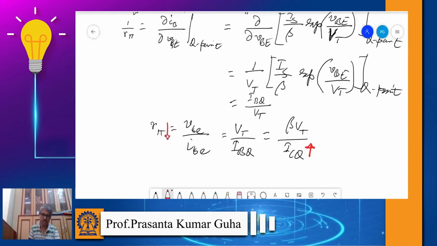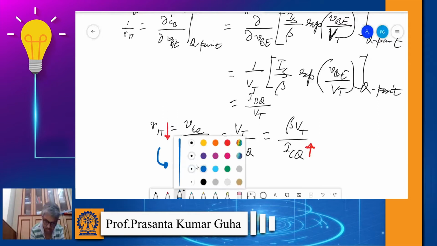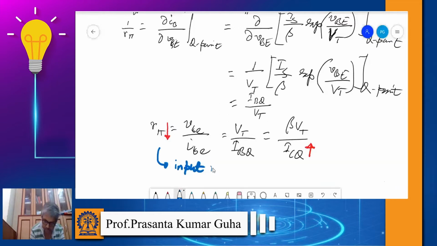Later on we will see that this diffusion resistance is nothing but the input resistance of the amplifier, and this parameter is very important.